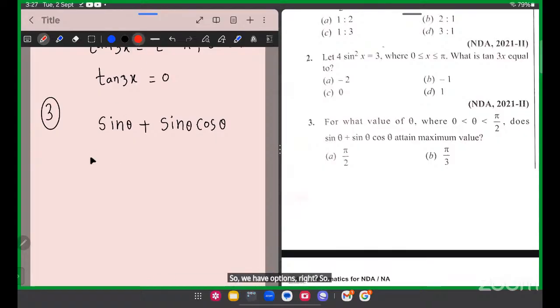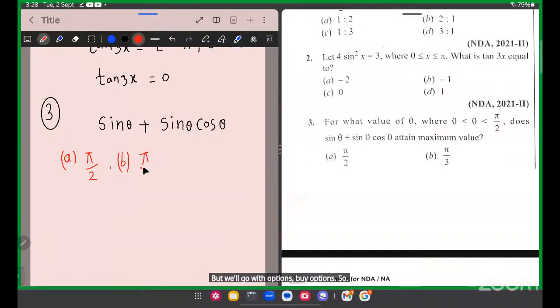So we can go with options as well. We need to find out the value of theta for which this attains maximum value, right? So what we can do, we can just put the values. Suppose the first option is pi by 2, although a little lengthy method is there, but we'll go with options because it may save your time.